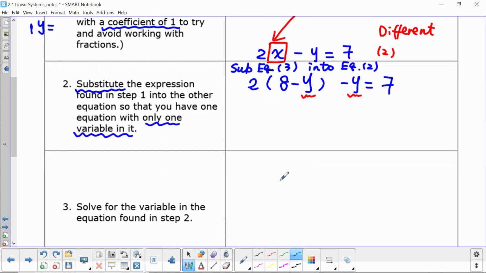In order to solve it, we don't want to see the bracket, so we expand it. We multiply this monomial times each term in the bracket. So 2 times 8 gives you 16. 2 times negative y gives you negative 2y. Then copy the other parts down.